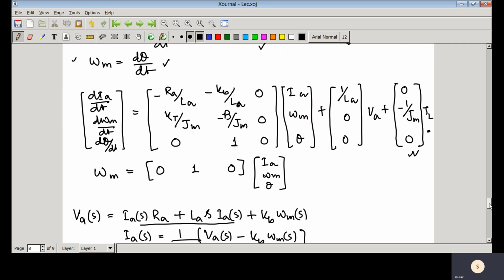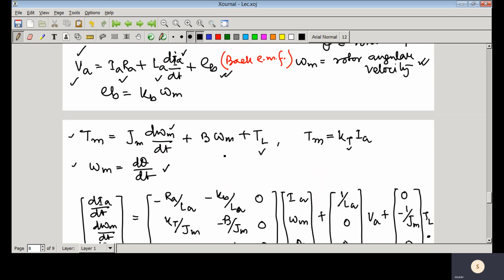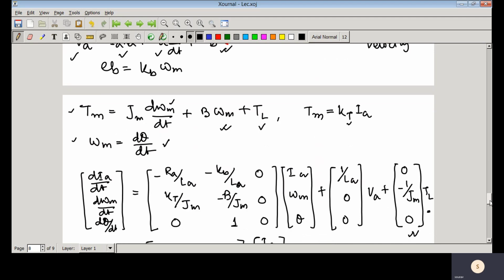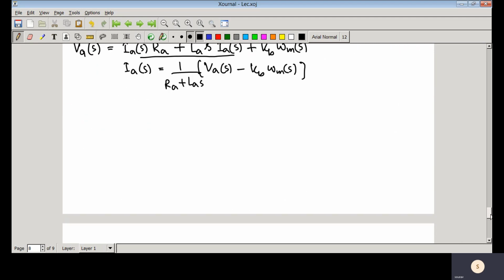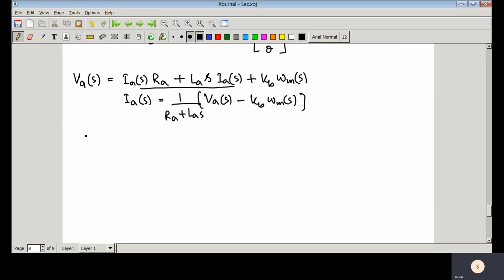And for the other one, if we take the Laplace transform of this differential equation, we get KT IAS equal to JMS omega MS plus B omega MS plus TL.